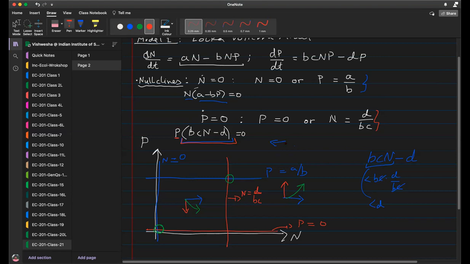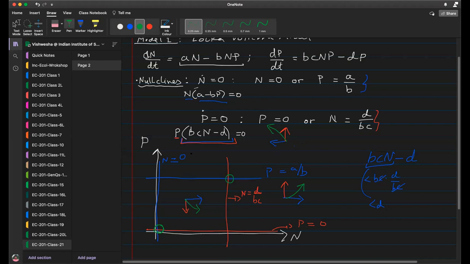Remember that predators will be increasing in the entire right side of this red line, because the number of prey are large, so this term will be large. Consequently, you have flow like this. Is that fine? So in this part, prey are very large. Therefore, predators are increasing, but the prey themselves are reducing.